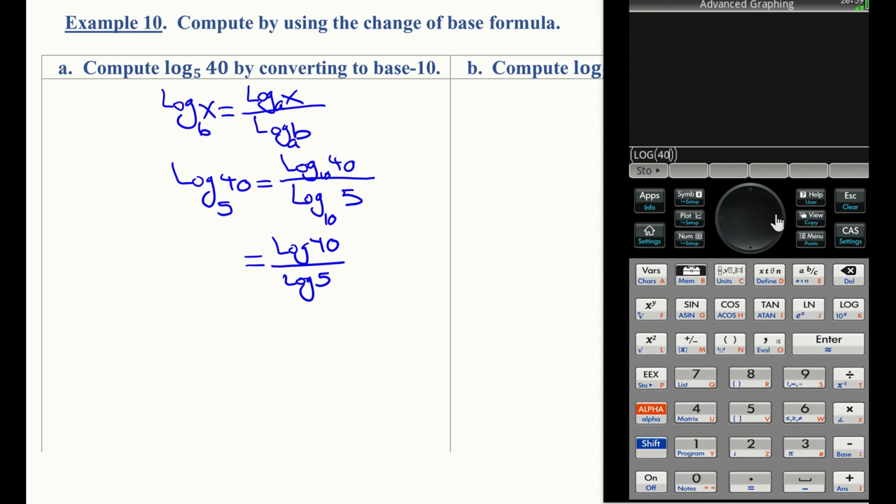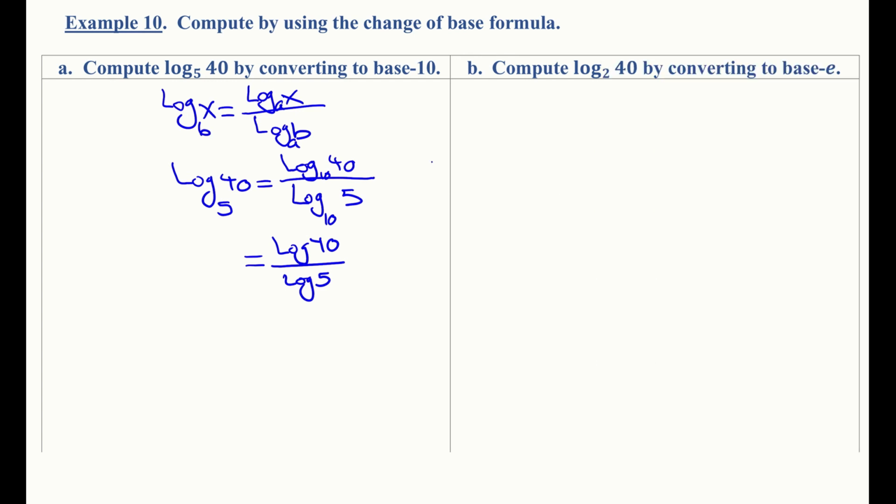Let's exit those parentheses, and we're going to divide that by log of 5, and we get 2.2920 approximately. So of course we started with log base 5 of 40, so that's exactly what that should be.